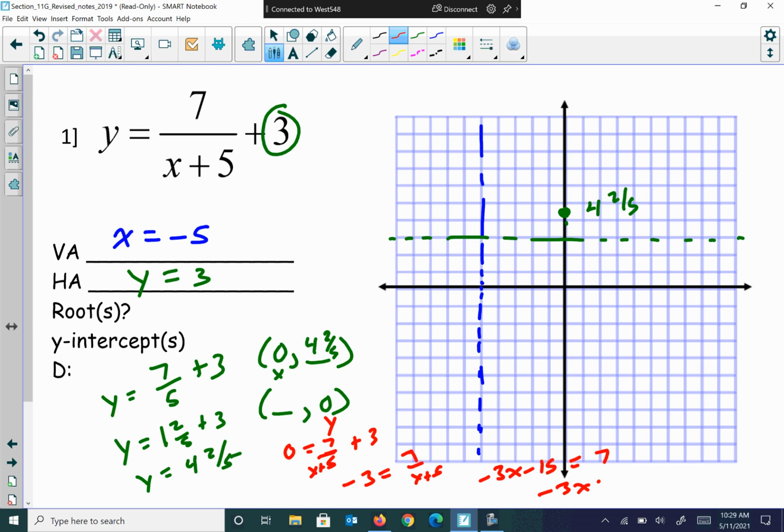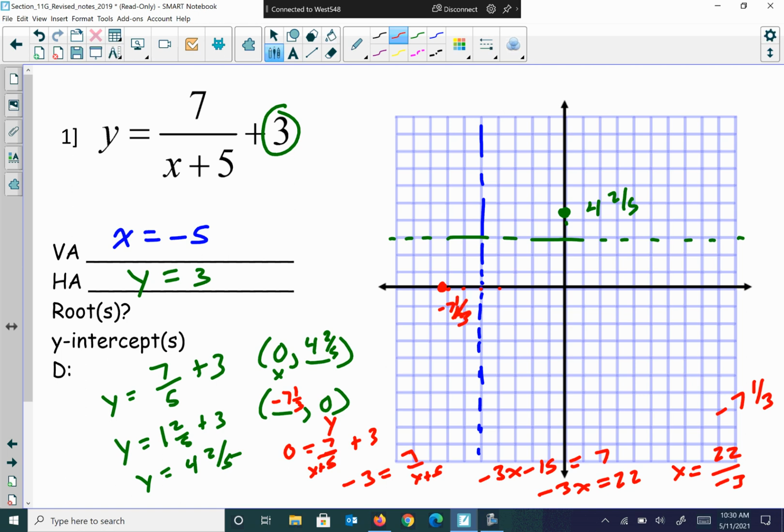Negative 3x equals 7 plus 15, so I get 22. So x equals 22 over negative 3. So think about that being negative 7 1/3. So negative 7 1/3. 1, 2, 3, 4, 5, 6, 7 1/3.